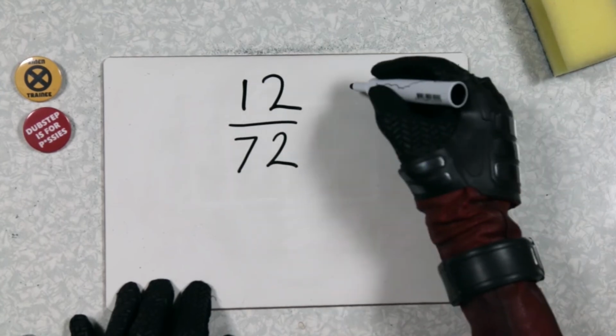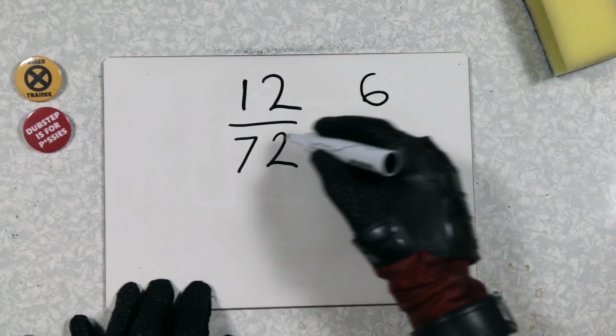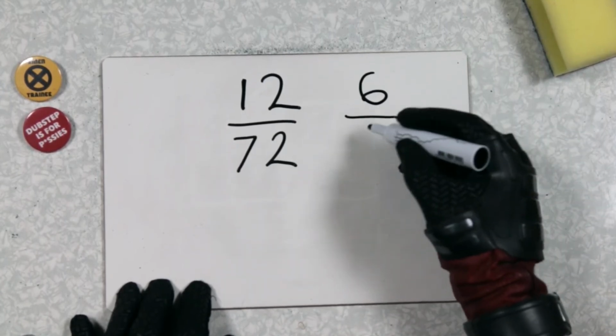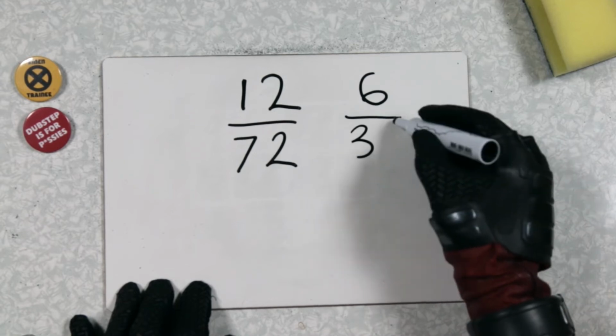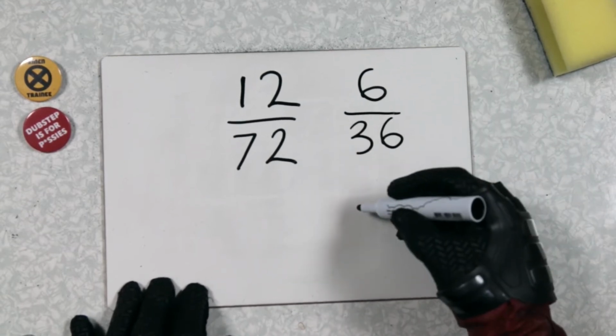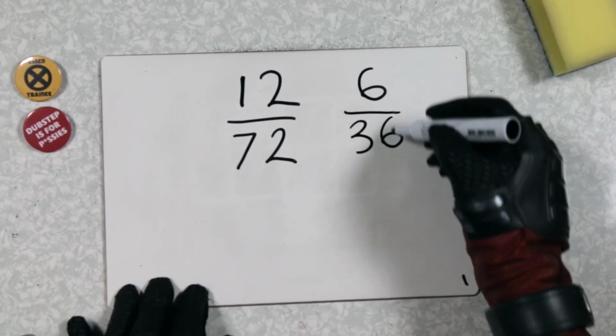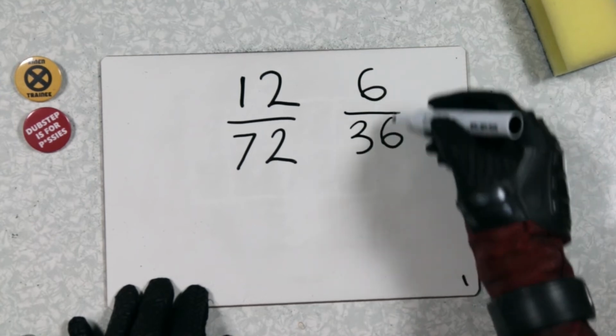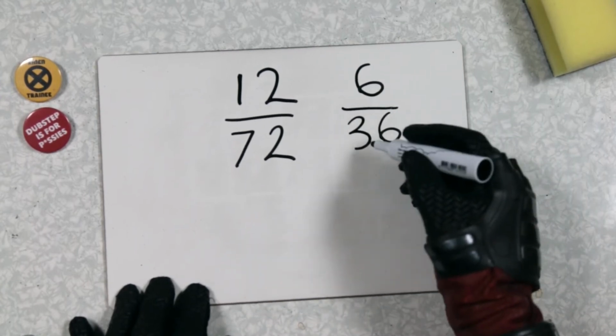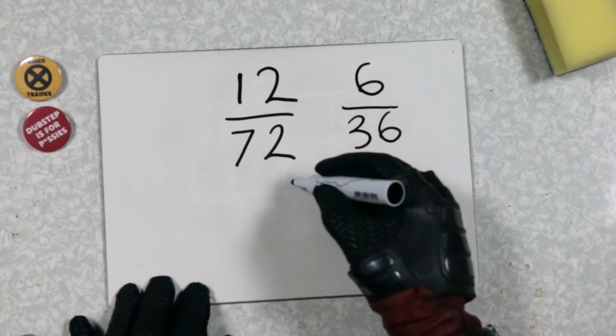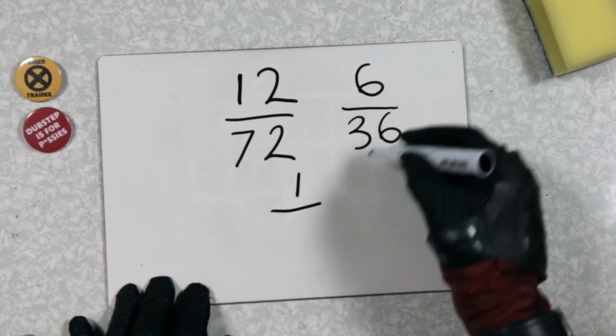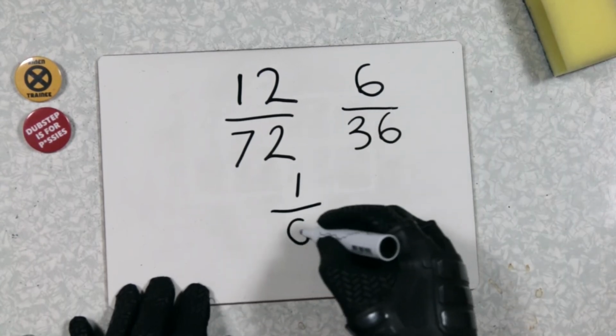So, 12 divided by 2 is 6. 72 divided by 2, can you do that one? That's 36. Hey, that's starting to look good. Now let's see if we can put something in between 6 and 36. Well, how about 6? 6 goes into 6 one time, and 6 goes into 36 6 times.